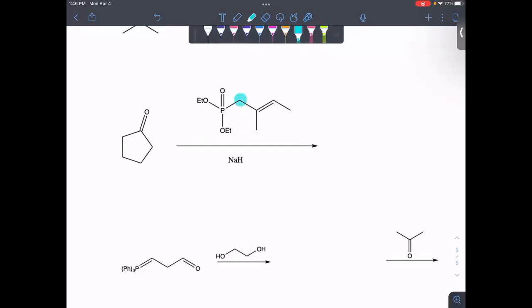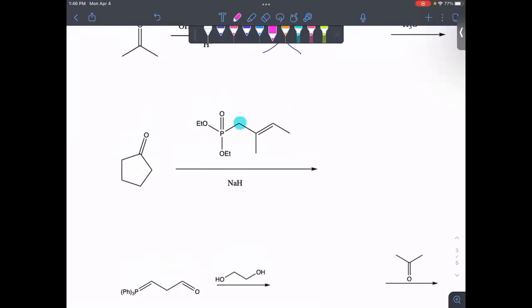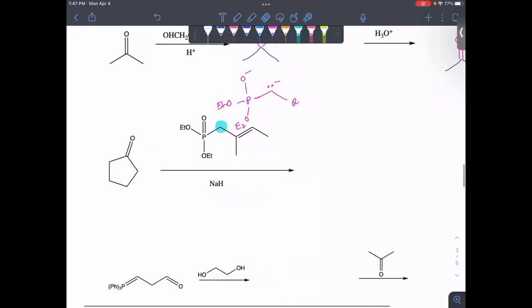In this case, there is no carbanion. If it was deprotonated and this was an active phosphonate ester, we would have this thing deprotonated, or there would be a double bond here. But we don't see that, so we know that the NaH is there to actually turn the phosphonate ester into the active reactive form. Because we have the NaH there, we can just pretend that it's reactive and go ahead and do the reaction.